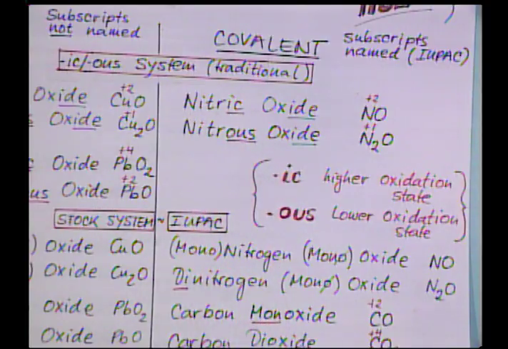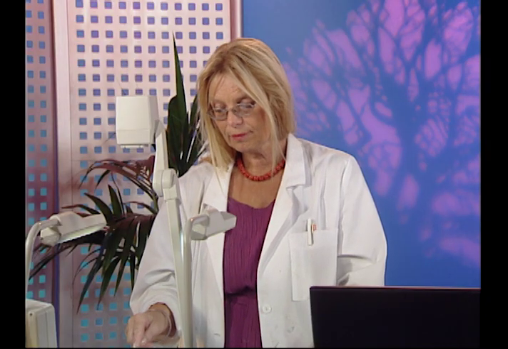We just say nitric or nitrous, or ik and us. But there are not that many examples in the covalent compounds as with the ionic compounds. But a wonderful example, of course, is the nitric and nitrous oxide. Other examples are not that common, so I didn't write them down here.